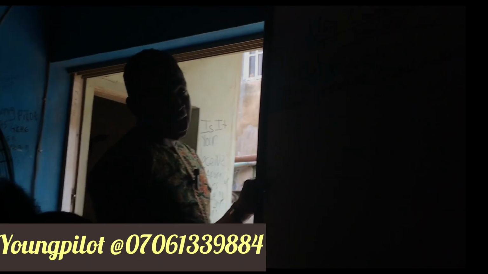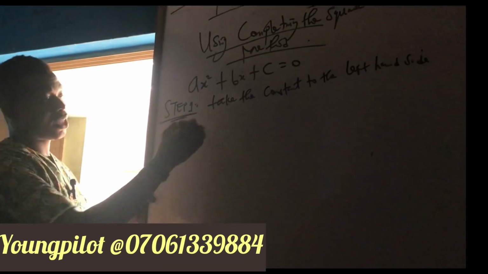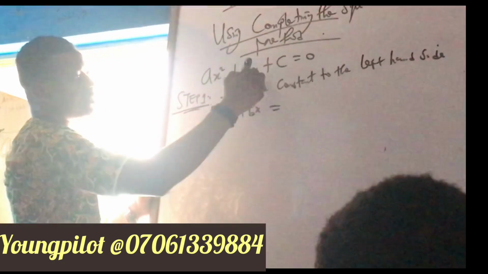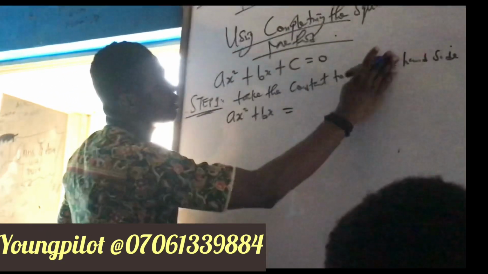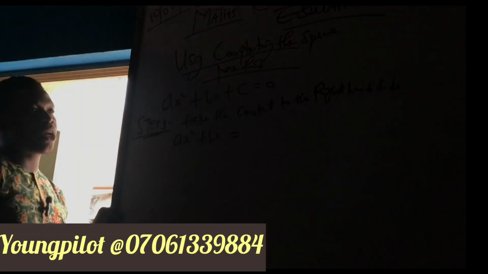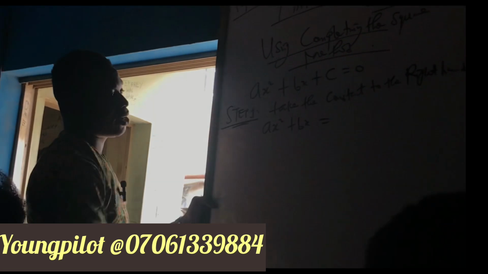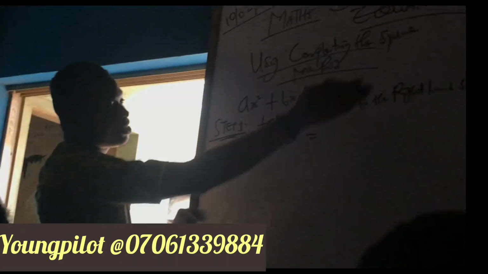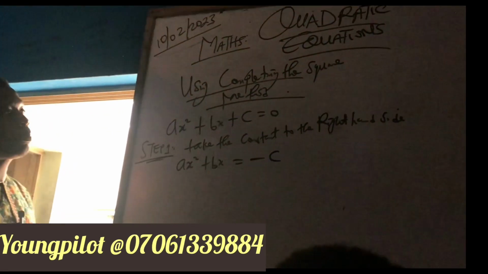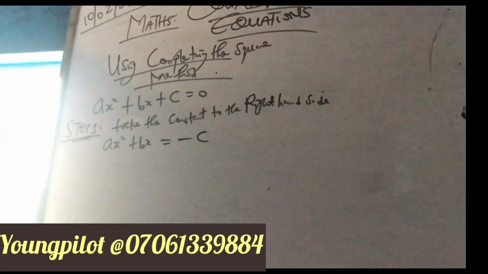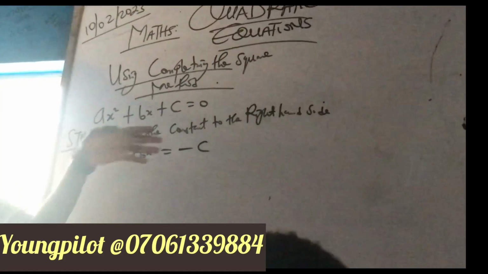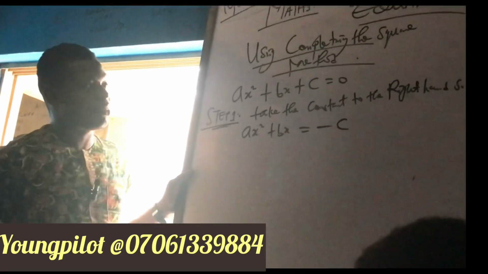Please follow it like that in case you want to do your own. So this is ax squared plus bx equals, as c is crossing, sorry, did I say left? Right hand side, pardon. Take the constant to the right hand side. So when plus c crosses, it becomes minus c. Please forgive me for that slip of the marker. So we take the constant to the right hand side.